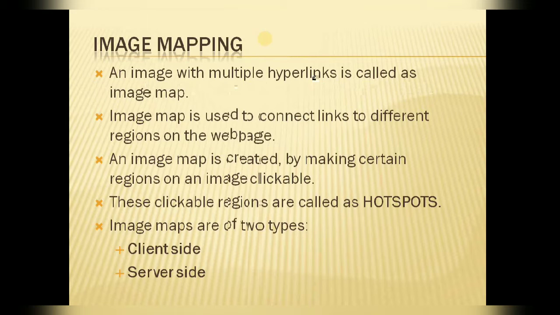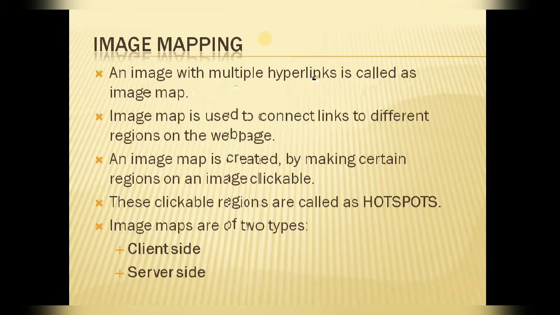The next tag that we are using for client-side image mapping is map tag. The map tag is used to create different areas, different regions on the image. Map tag is a paired tag. Paired tag means it has a closing also. Map element is linked with the image by using one attribute.